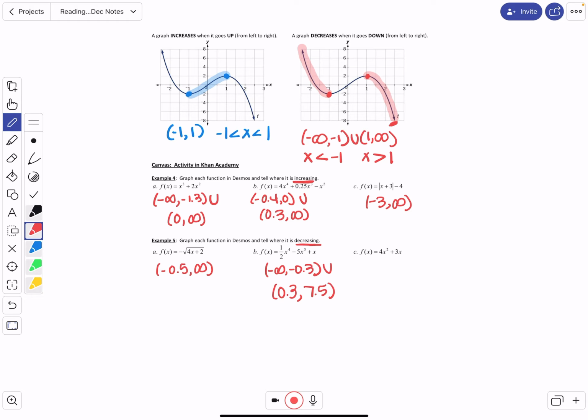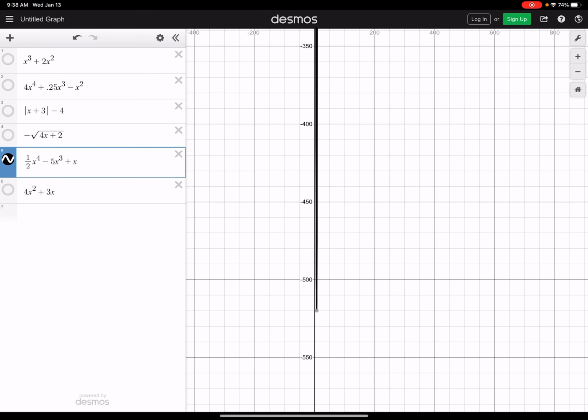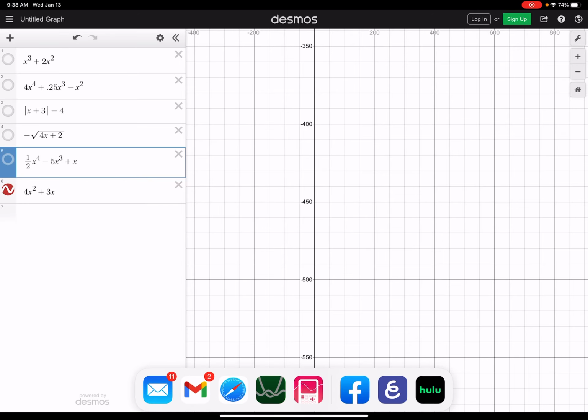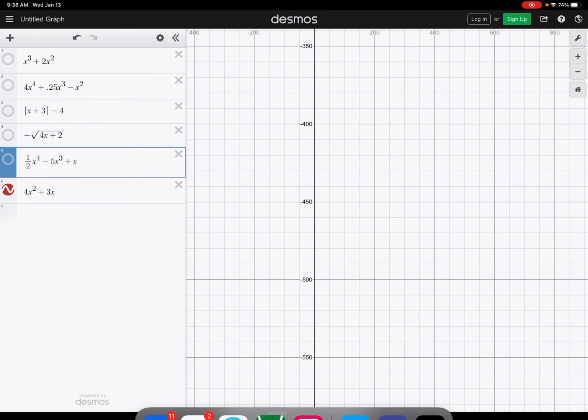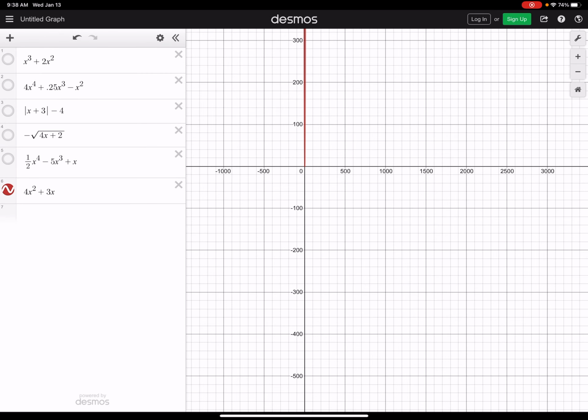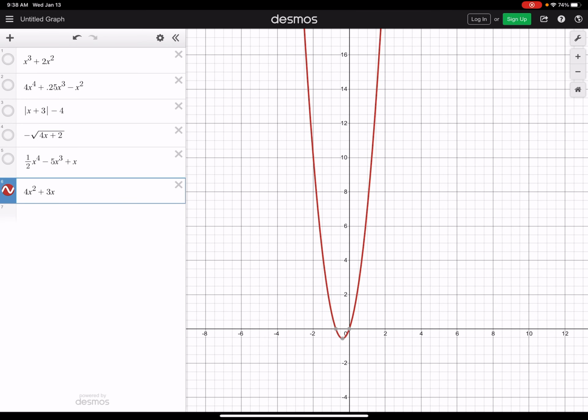And then for our last one, this one is decreasing. This one's just a parabola, so it's decreasing from negative infinity until we get to -0.4.